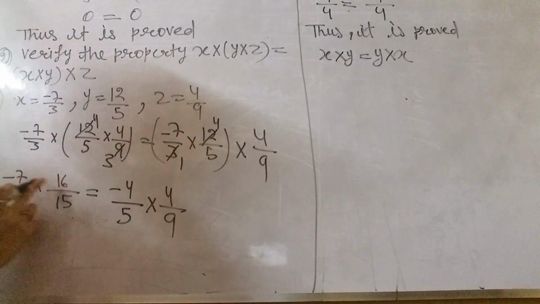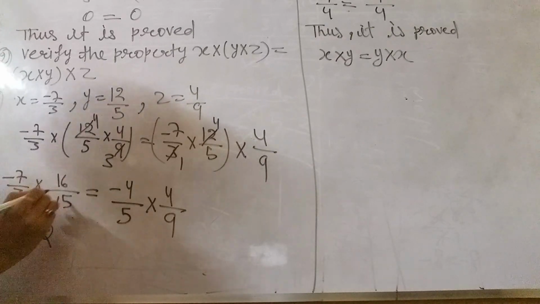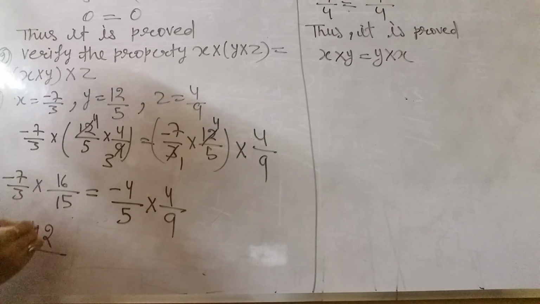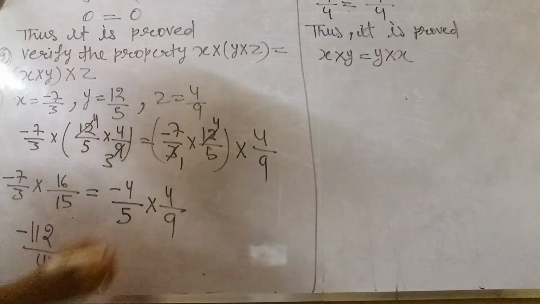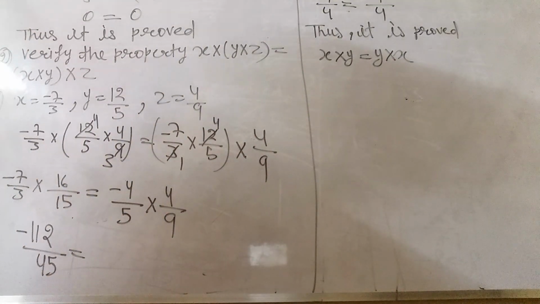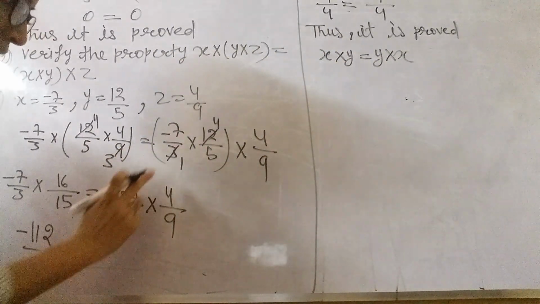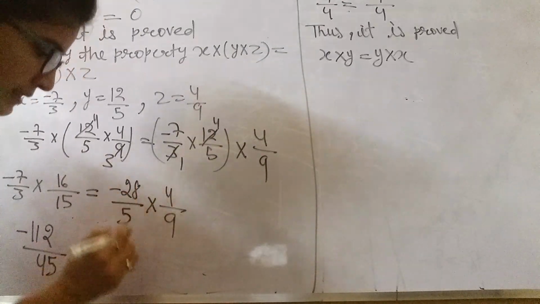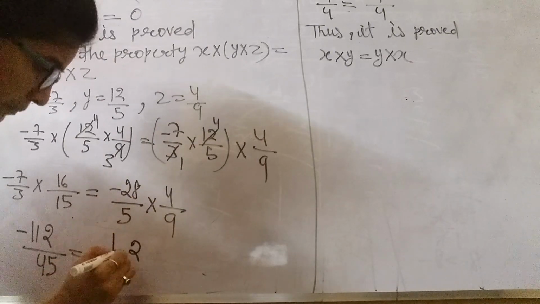That would be 16 into 7, 7 6s are 42 and 4 7s are 28, that is 7 and 4 11. So we have minus 112, 15 3s are 45. Now 7 4s are 28, and 4 8s are 32, that is 2 and 3.